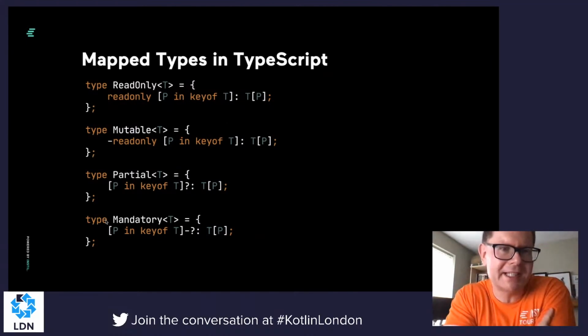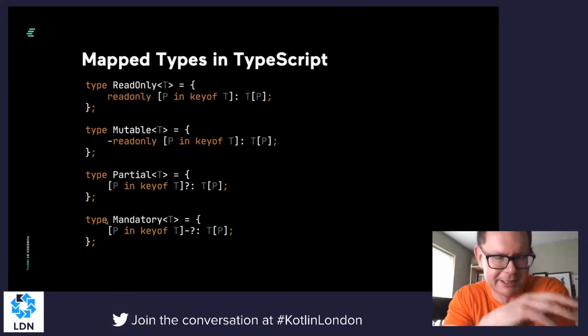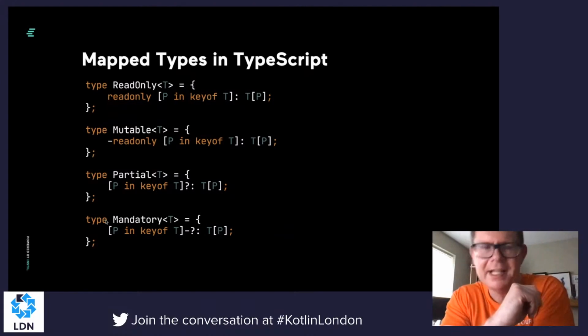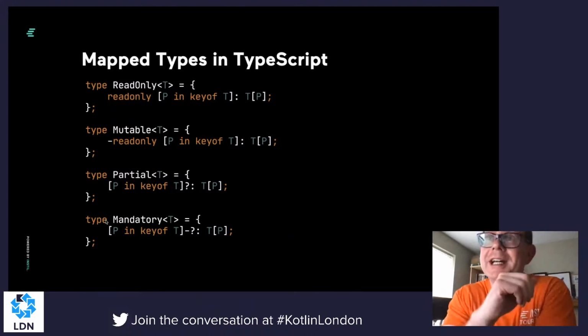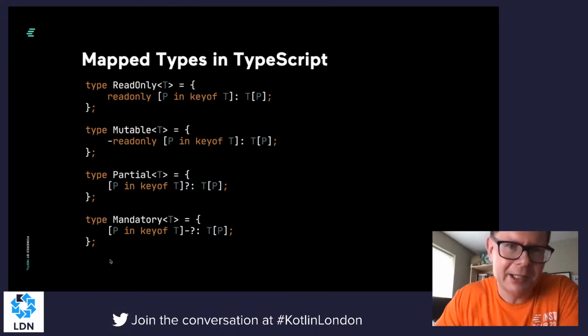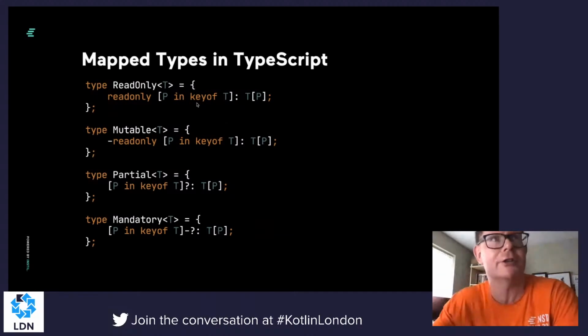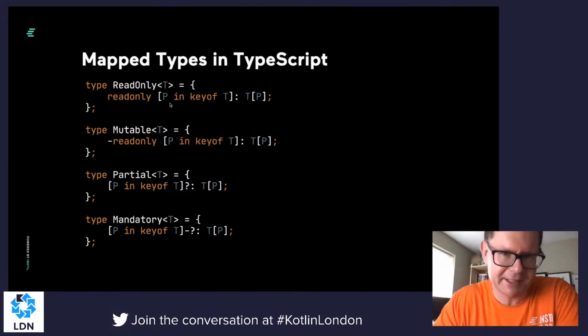One of the things you can do is mapped types. We all know what the map function does in functional programming: you're doing a transformation, and it's the same kind of idea here. We're going to take an input type, T, and generate a new type by iterating over the properties of T. Whenever you see the square brackets here and the P in keyof T, we're iterating over the properties of T, the members of T, the slots of T, however you prefer to think of it.